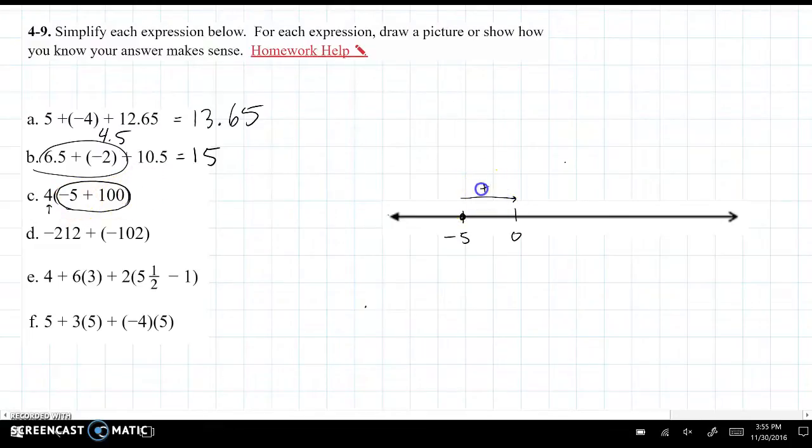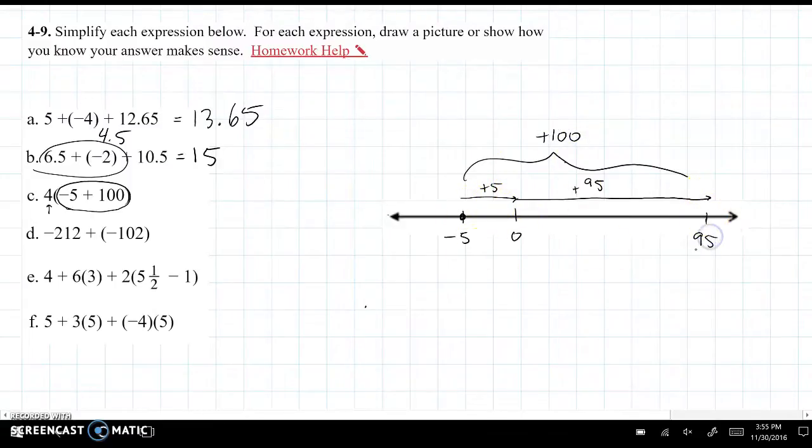If I add 5, I get to 0, so I need to add 100 total. So 5 plus 95 gets me adding 100. So 5 gets me to 0, and then 95 gets me here. That's adding 100. The distance between -5 and 95 is 100.